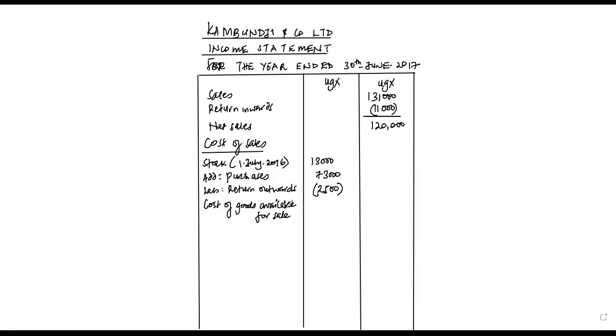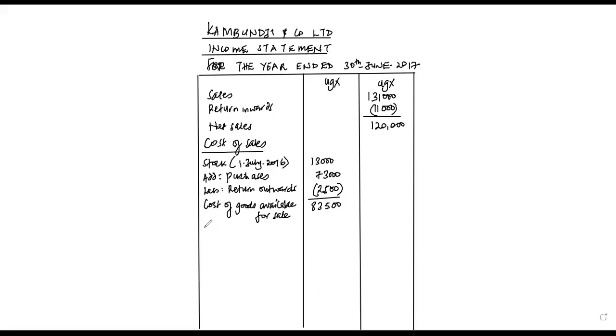We get 13,000 plus the purchases, then minus 2,500. This gives us 83,500. This is the cost of goods available for sale.